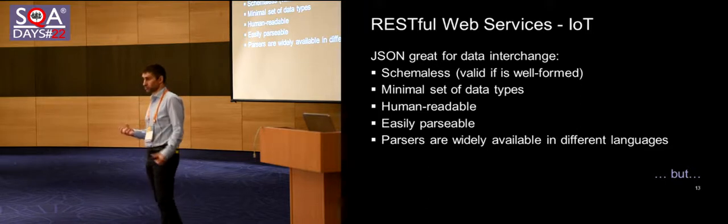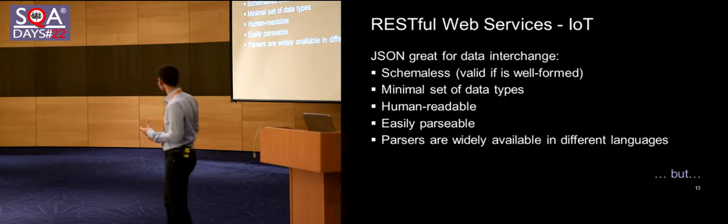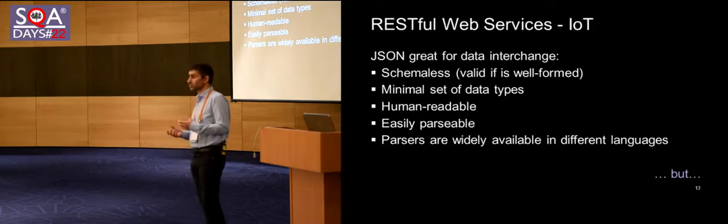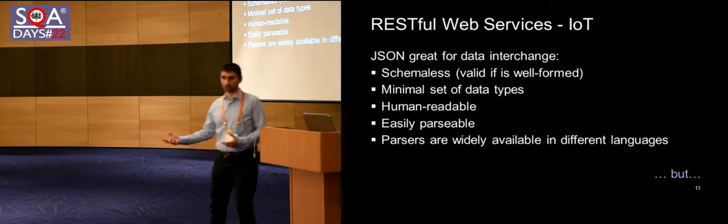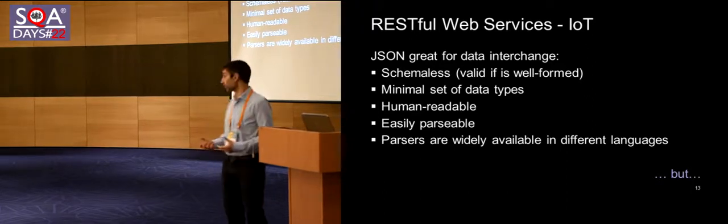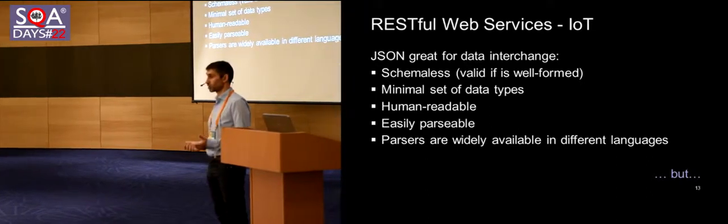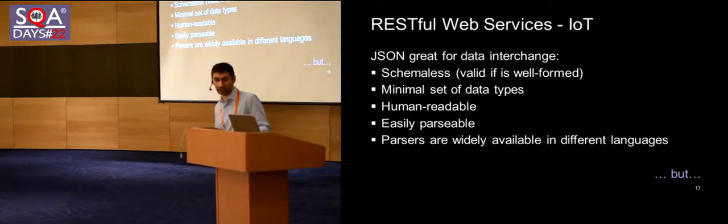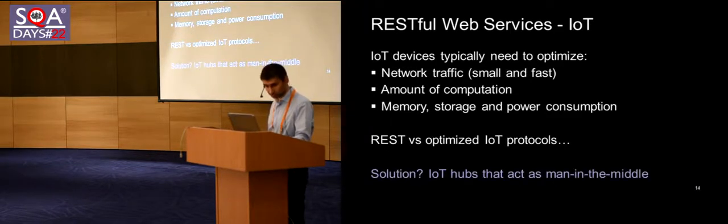So that's quite important. We can read the data. We don't need a specific tool for that. But it's also easy to transform that data into something that can be used later on in our APIs, because you have parsers in almost any language since it's so simple to parse.